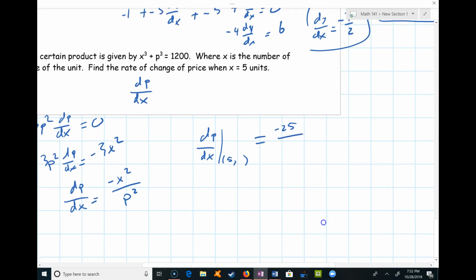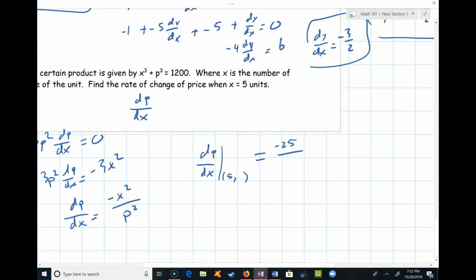I don't know what p is, so I have to go back up here and find p. So if I put a 5 in for x, I would get 125 plus p cubed is equal to 1200. Subtract 125 from both sides, and I get p cubed is equal to 1075.